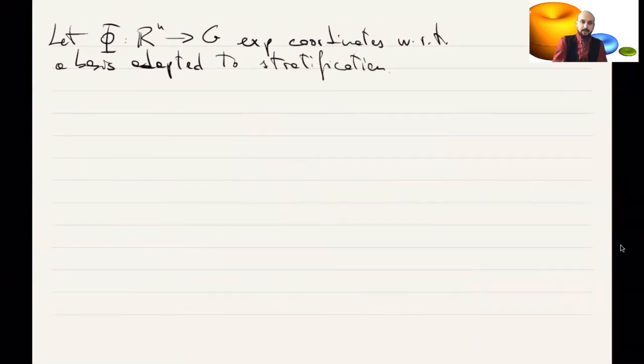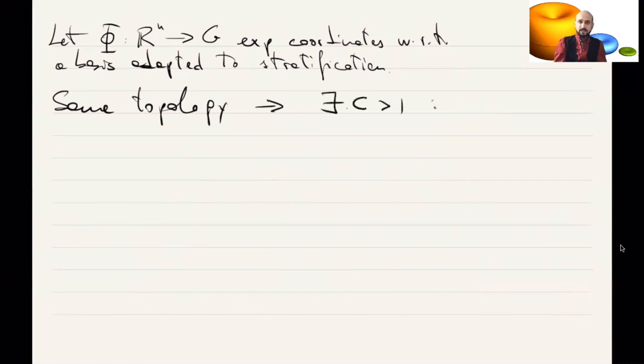Then the fact that we have the same topology tells us that there exists some constant such that, okay, the box, let's take this, so this is an open set, I push it forward, this is still an open set, an open neighborhood of the origin.